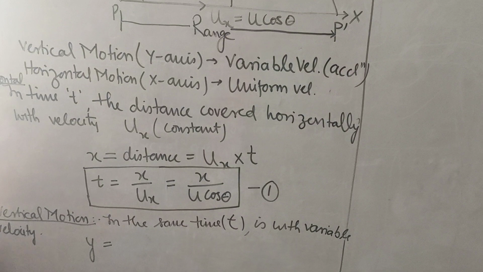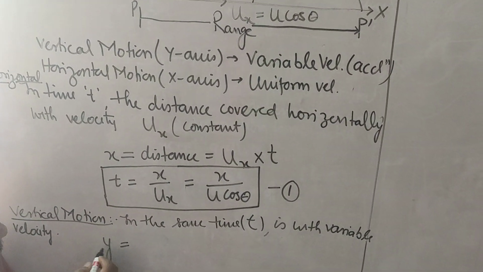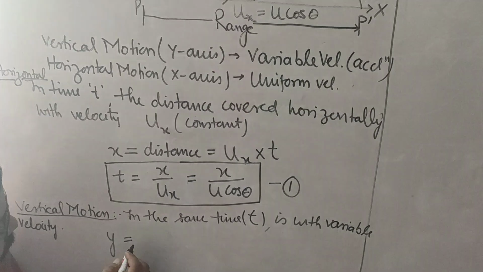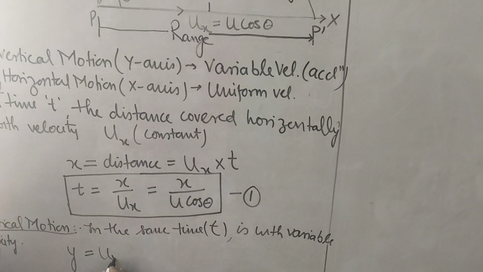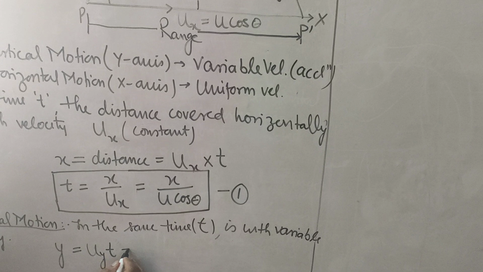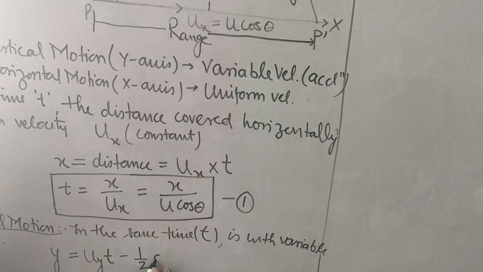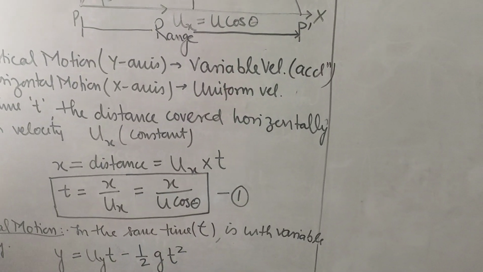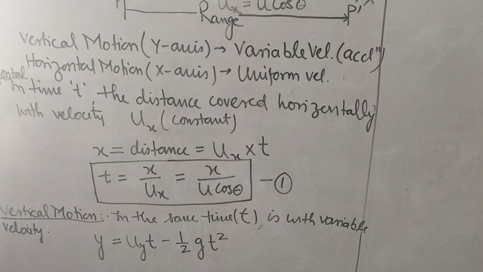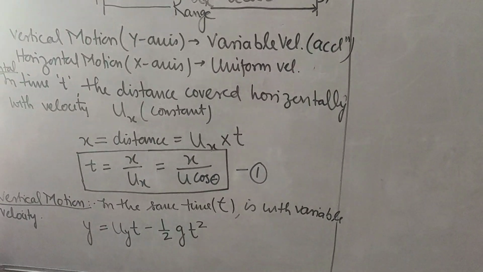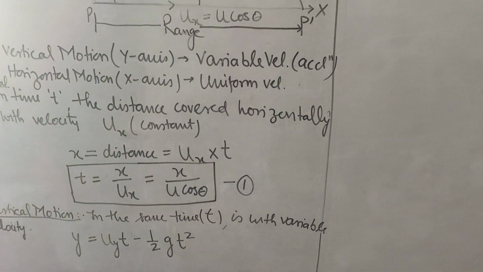So s, in place of s I am using y, equals uy t, because it is moving upwards, minus half gt square. Now what is the initial vertical velocity?